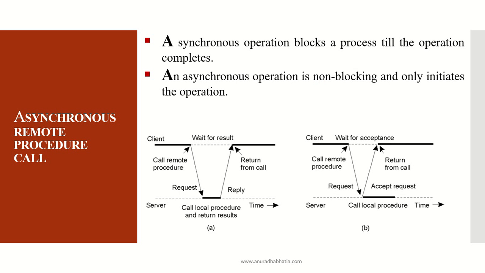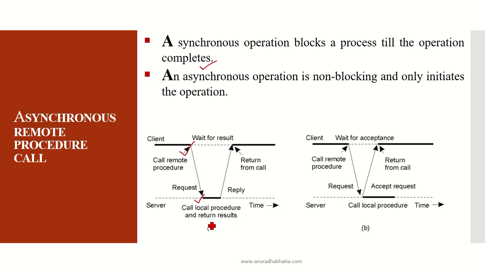Now, we've seen what a remote procedure call is. Let's see what an asynchronous remote procedure call is. A synchronous operation blocks a process till the operation completes. That is, if you see over here, I send the message to the server using the client stub, and the request is sent to the server over here.